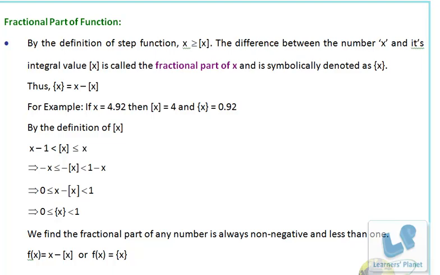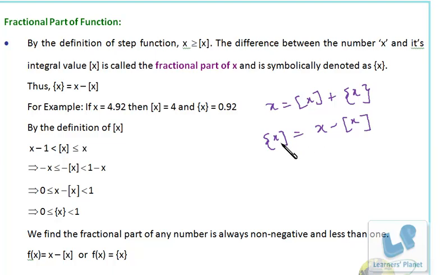Friends, similarly, we have the fractional part of a function. For any x, we have x greater than or equal to ⌊x⌋, right? The difference between the number x and its integral value is called the fractional part of x, right? That means x is equal to what? ⌊x⌋ plus the fractional part of x, or if we wish to define the fractional part of x, that will be x minus ⌊x⌋, right?